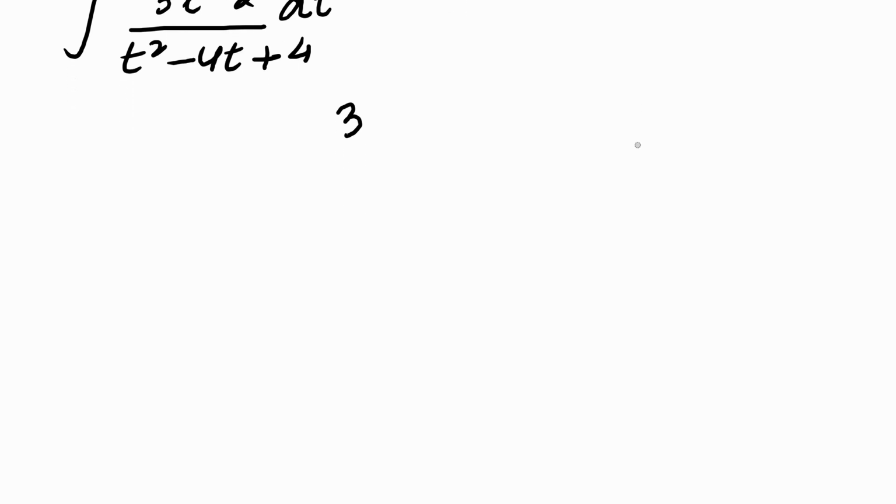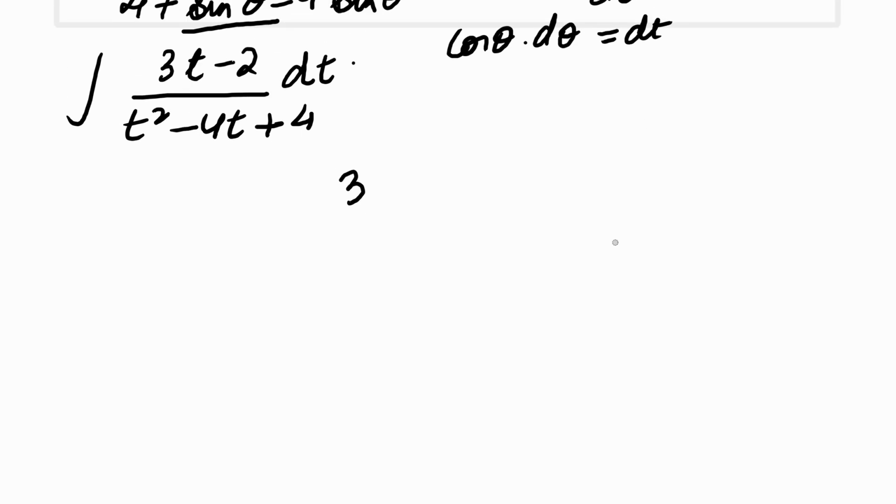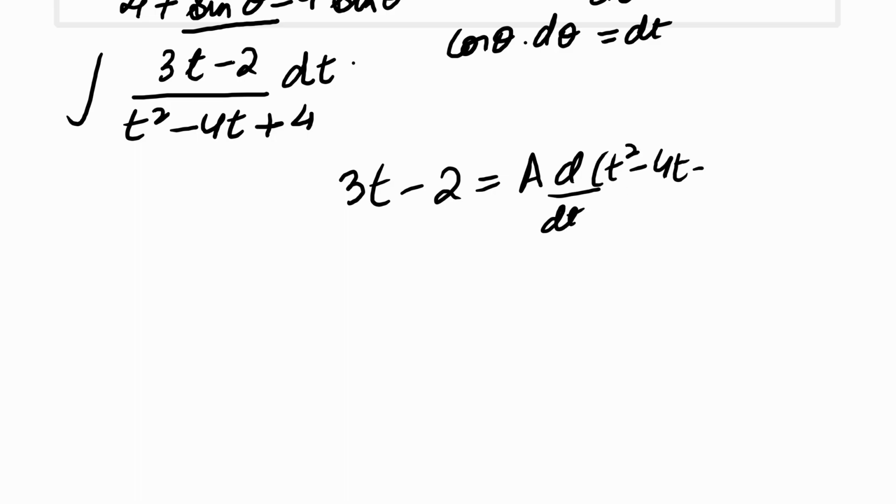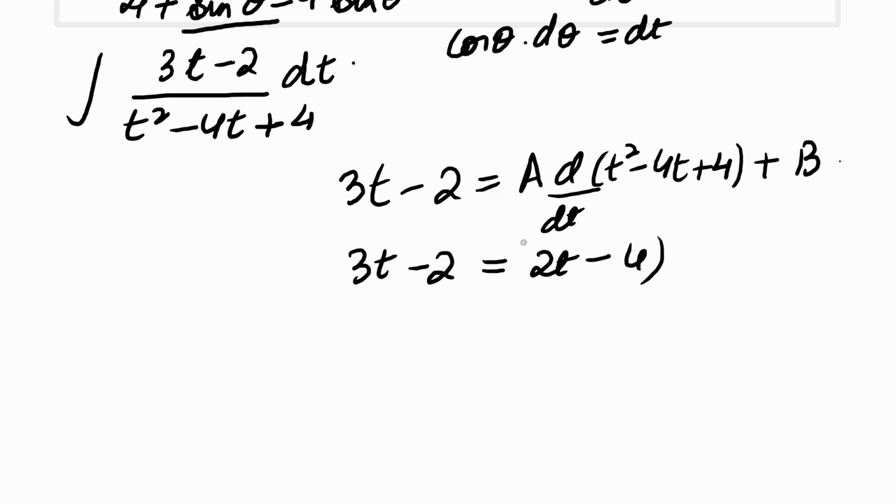We will write 3t minus 2 is equal to a of d by dt of t square minus 4t plus 4 plus b. So it will become 3t minus 2 is equal to 2t minus 4 plus b.